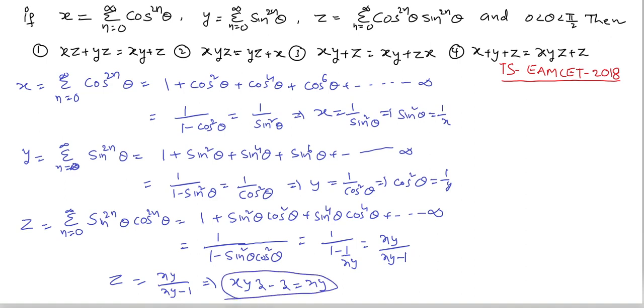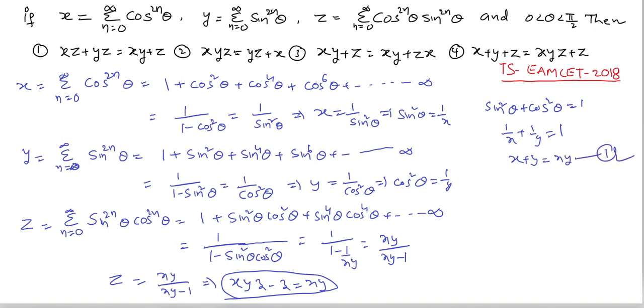The one relation here is sine square theta plus cos square theta is equal to 1. That is 1 by x plus 1 by y is equal to 1. So take LCM, that is x plus y is equal to xy.